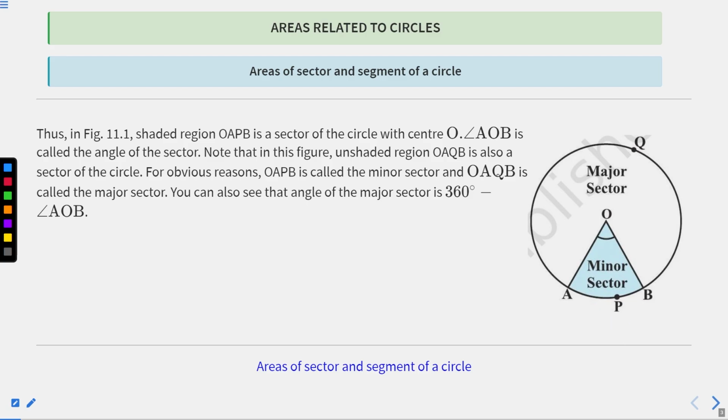You can easily observe from this figure that the portion OAPB is called the minor sector, and the portion that is not shaded is called the major sector. This is our figure 11.1.